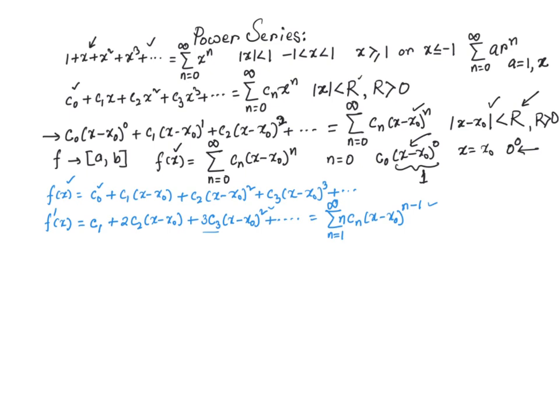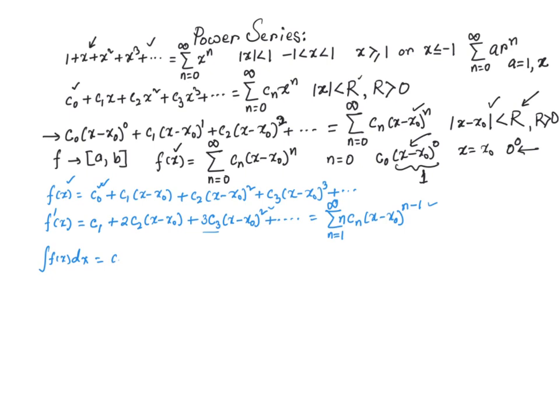Now similarly, we can find integrals as well for this function. So let's find the integral of f of x dx, integrating with respect to x, and you can just do term by term integration.